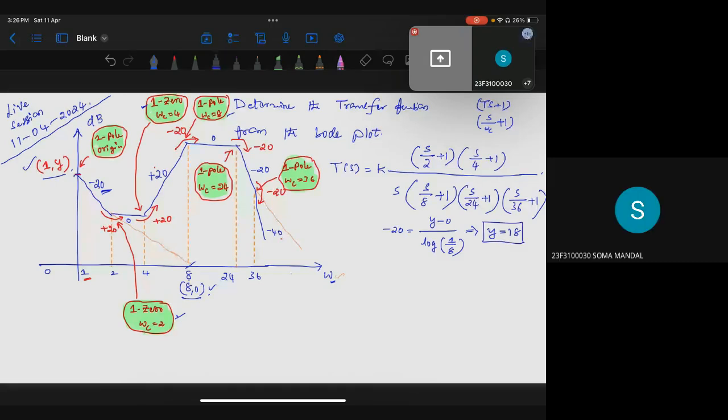You can use your calculator, and we get y as 18. This is the log scale, not omega, it is log omega. So all these values are log values.